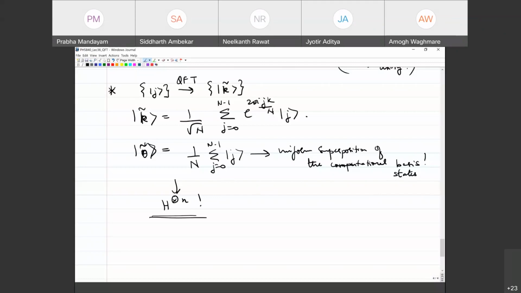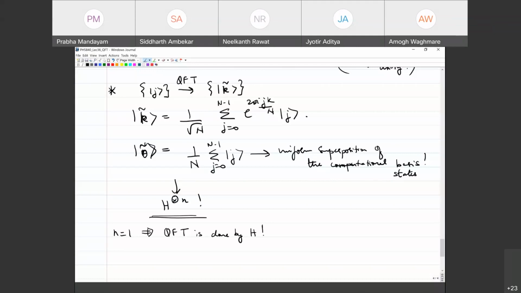But, okay, so if I have a single qubit, right? What I want to say therefore is that if little n is 1, then what is the gate that does the QFT? Just the Hadamard, right? In the single qubit case, the QFT is simply the Hadamard.